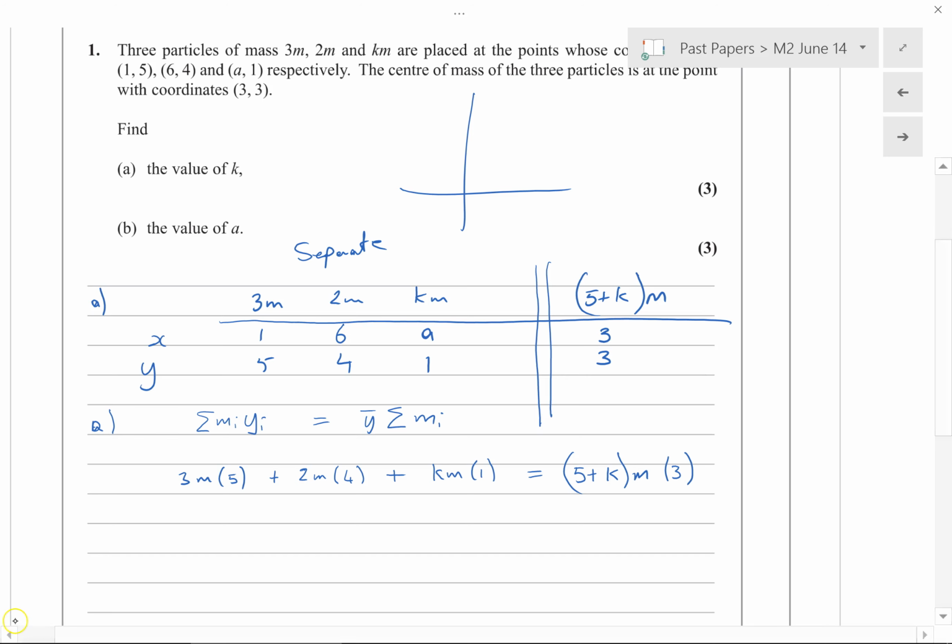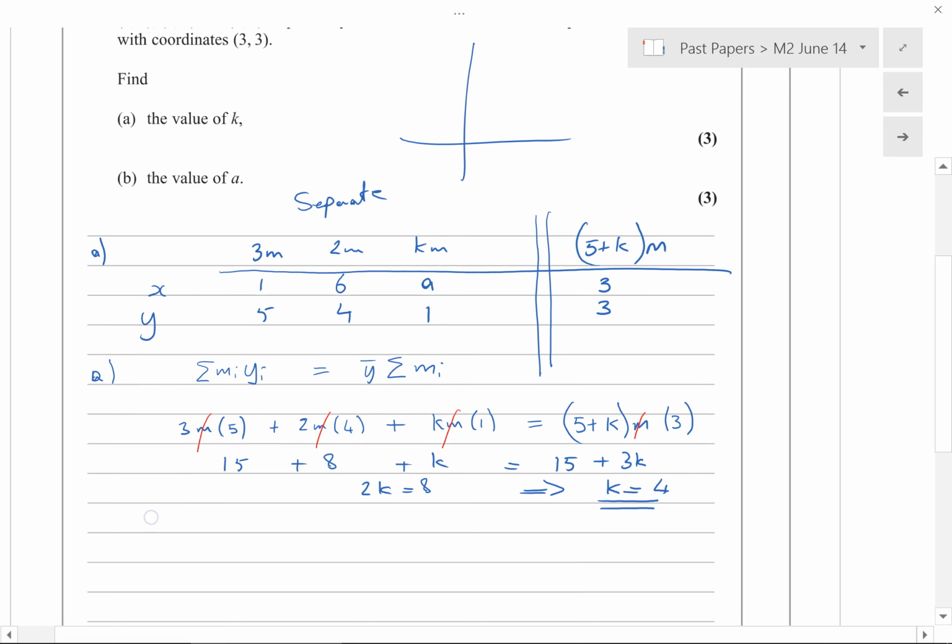Okay, and the m cancels. So multiplying this out, I get 15 plus 8 plus k equals 15 plus 3k. So that gives me 2k equals 8, which gives me k equals 4.